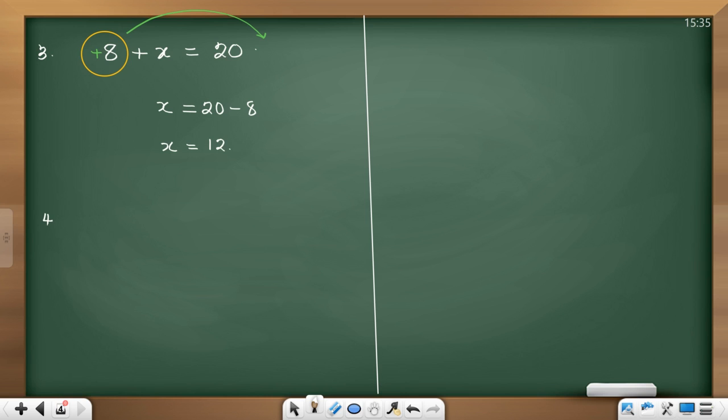Number 4. Negative 3 equals 4 plus x. And by the way, I forgot to mention, we need to make sure our variable remains positive all the time.